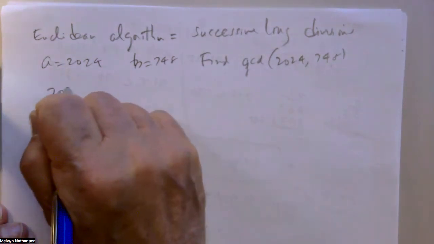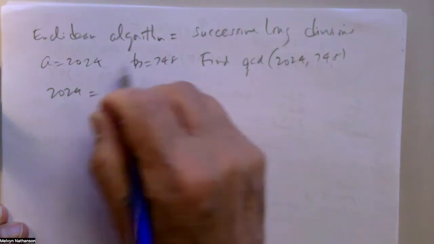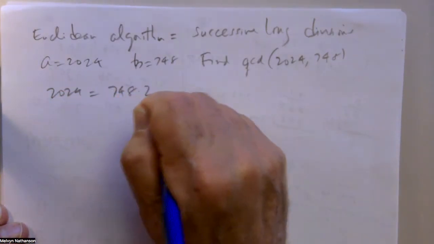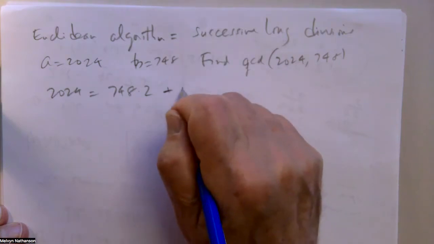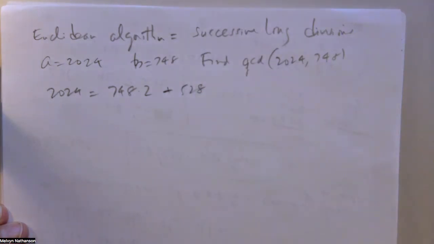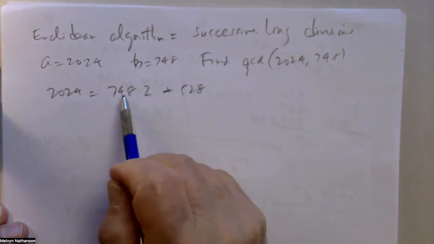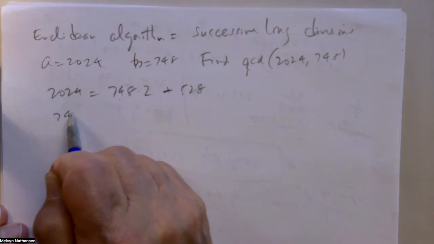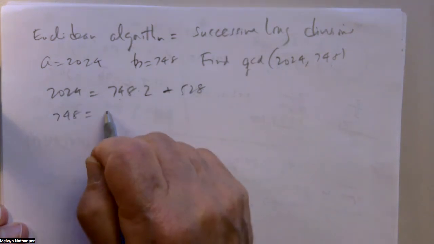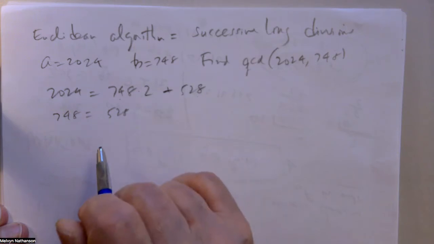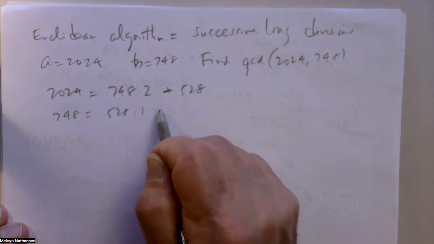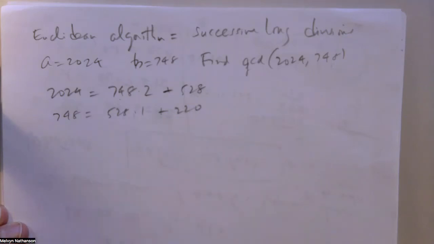So let's take 2024 and divide it by 748. If we do that, we get a quotient of 2 and a remainder of 528. Then we take 748 and divide it by 528. This goes in one time and leaves a remainder of 220.